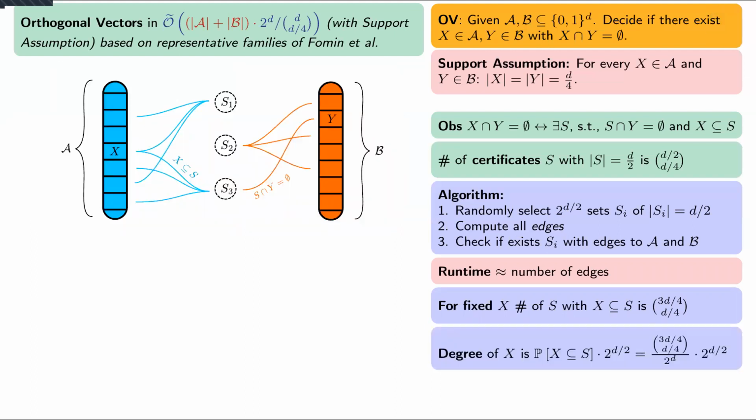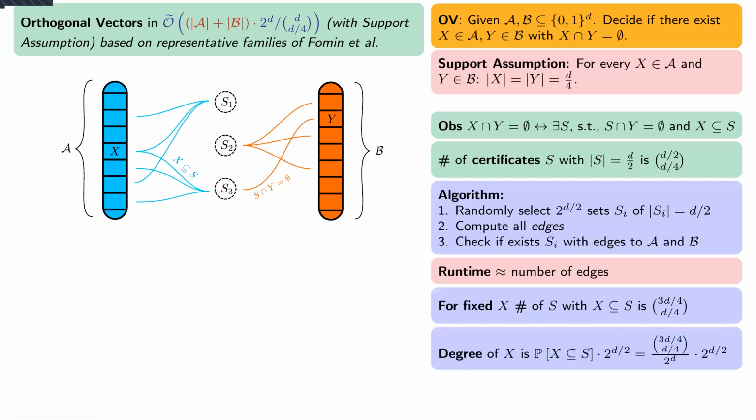Therefore, the degree of this fixed set in calligraphic A is the probability that this set is contained by some set S times the number of sets S. And it's this number, and magically this number is equal to this number.